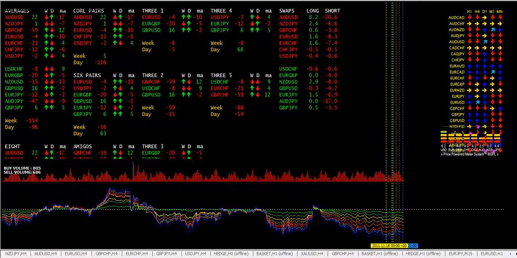Okay, zero. The other 3 currencies, it goes zero. Just thinking about the chart. Plus, minus, plus, minus, plus, minus. You get the point.